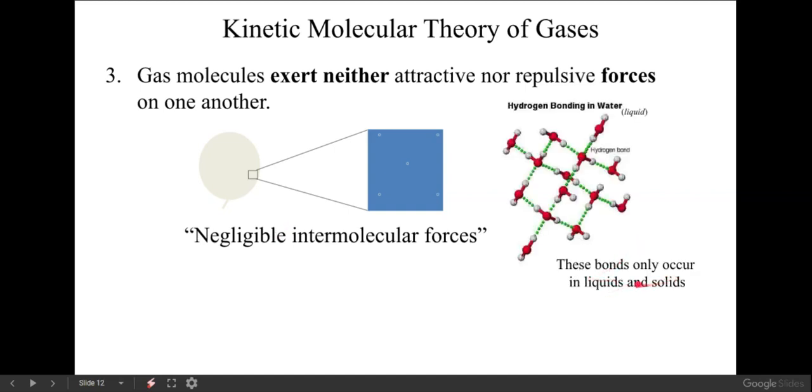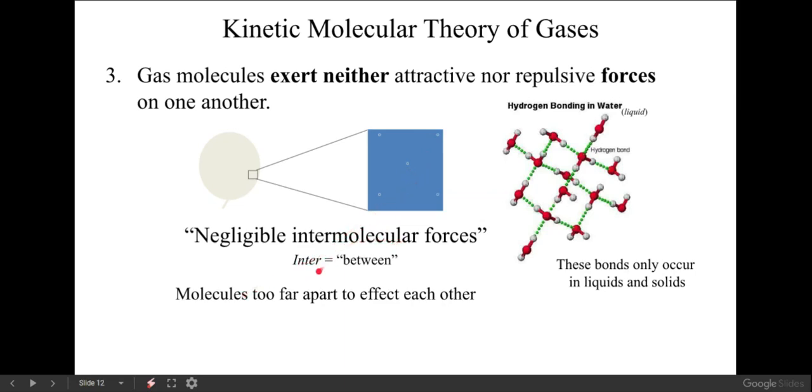And if we look at liquids and solids, if we talk about the hydrogen bonding in liquid water, they have to be within like 5 angstroms, which is, an angstrom is 10 to the negative 10 meters. You don't have to know that, but they have to be in close proximity to be able to have these types of interactions. But in the gas state, they're so spread out that it doesn't matter.